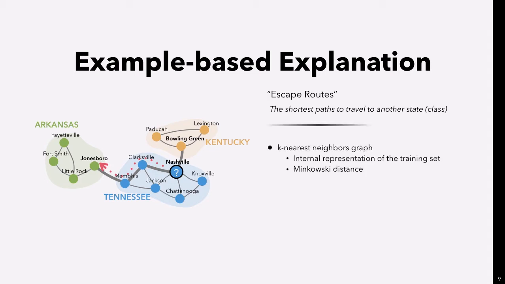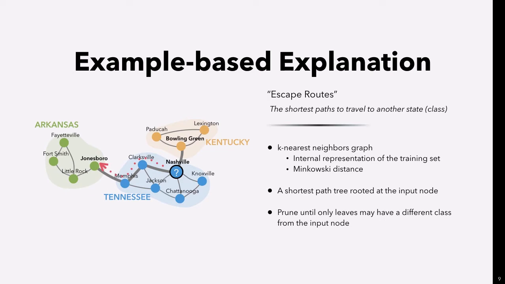So in order to identify these examples, we built a k-nearest neighbors graph based on the internal representation of the training set, and we construct a shortest path tree rooted at the input node. And we prune the tree and only keep the leaves on the paths and the leaves which may have a different class from the input node.